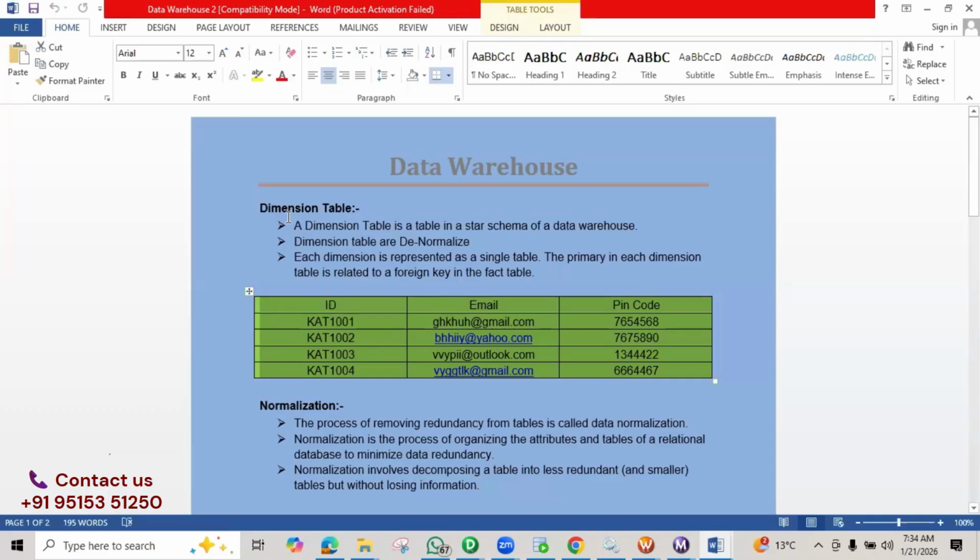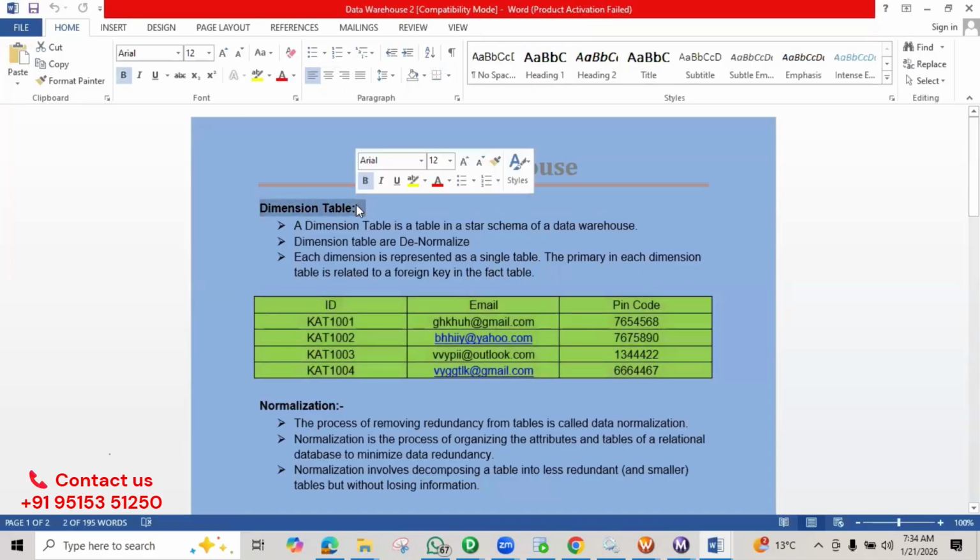So now what actually is the dimension table? A dimension table will also be available either in the star schema or snowflake schema. It will contain a primary key and optional foreign keys. And a dimension table can contain any type of data.